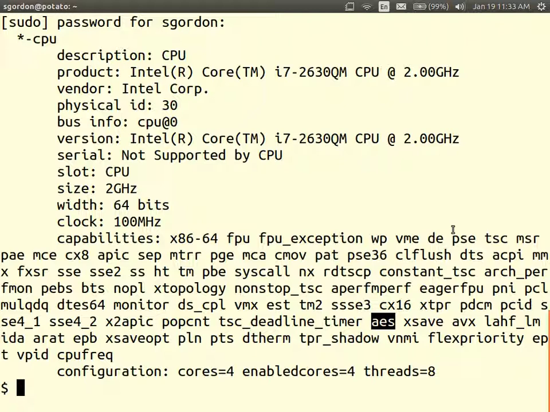Most CPUs from the last 4 or 5 years have this set of instructions for AES. So now I'm going to use the speed test using the hardware features. The option tells it not to use the software, but to use the hardware to do an AES test. Let's see how it goes.